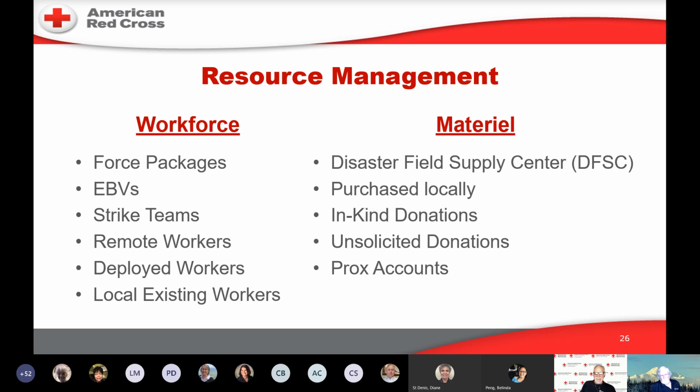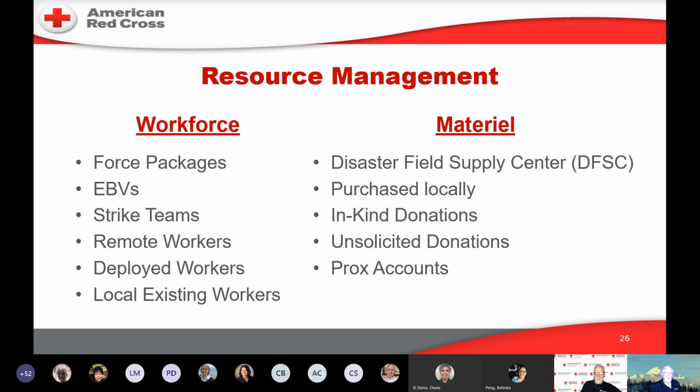Strike teams basically are set up as a small team that's going to come in. Very often it will be a mixed team, people from different groups that are going to come into a shelter or an area and do the initial response. I actually look at those as SOP.